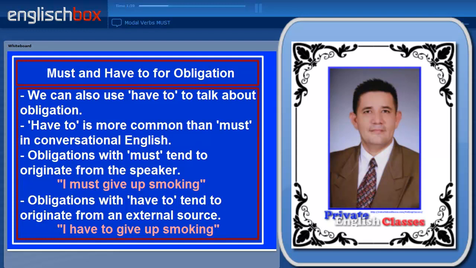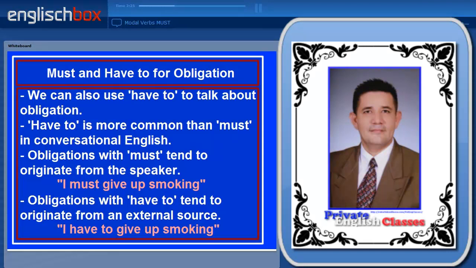This is because must expresses a stronger sense of obligation. Some teachers also say that using must expresses the fact that the obligation is coming from the speaker, him or herself, and have to is coming from an external source.